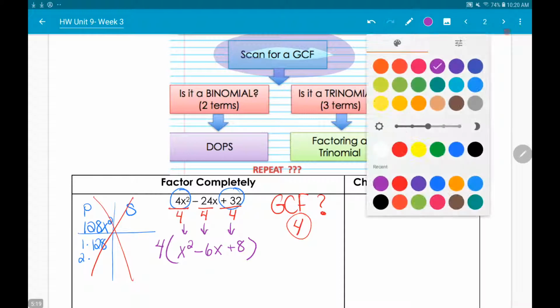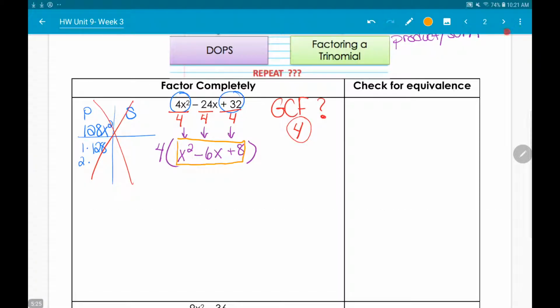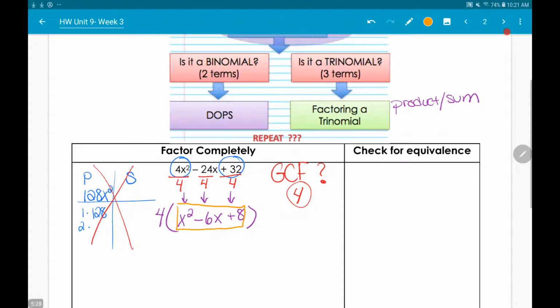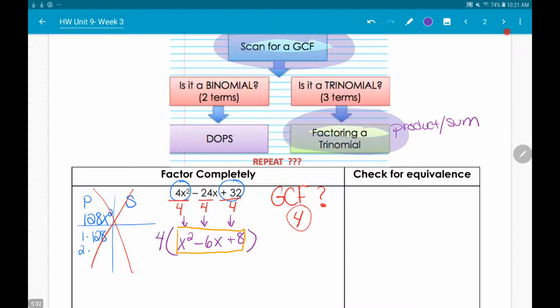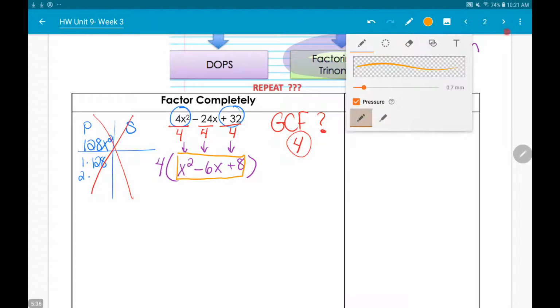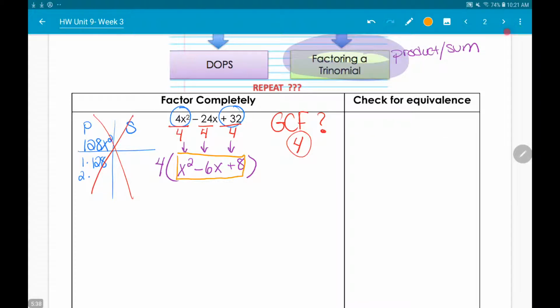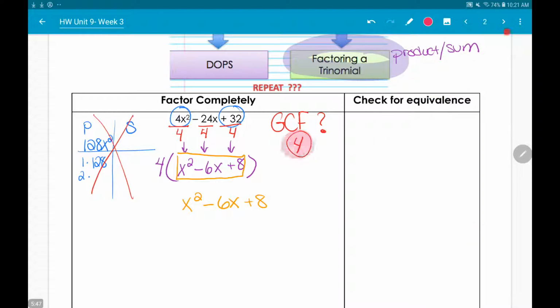Now let's take a look at the trinomial. Now when I see my trinomial, it is much smaller and much easier to work with. So I did GCF, and now I'm going to factor the trinomial. When I'm factoring the trinomial, I'm only going to focus on what's on the inside, so I'm only going to focus on x squared minus 6x plus 8. I'm going to highlight my GCF because I don't want to forget about it, since we're going to need that at the end.